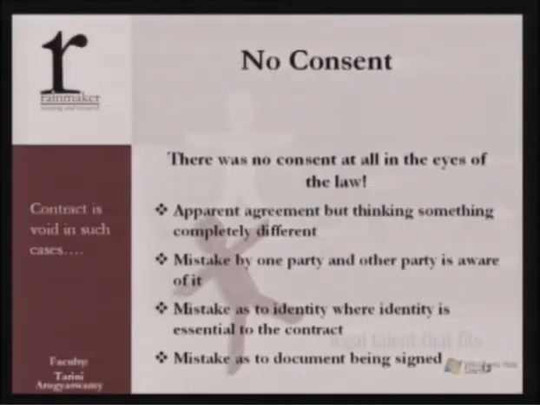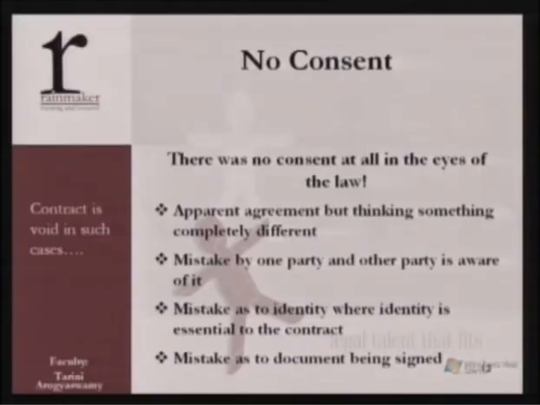No consent situation means there's no consent at all in the eyes of the law. There may be apparent agreement. The parties are thinking something completely different from each other. It involves situations of mistake by one party and that the other party is aware of that mistake. It may be a mistake as to identity, where identity is essential to the contract. Maybe the identity of a person or a thing or an organization.